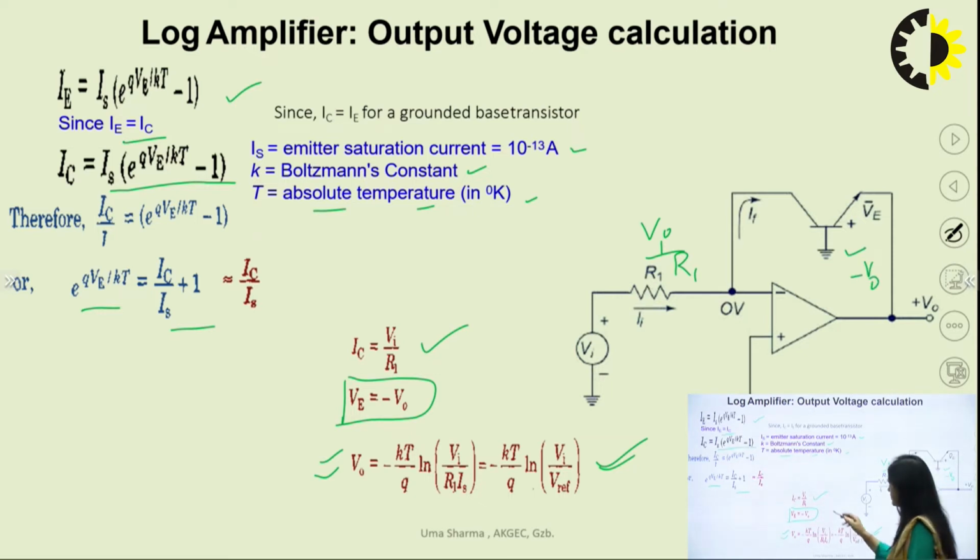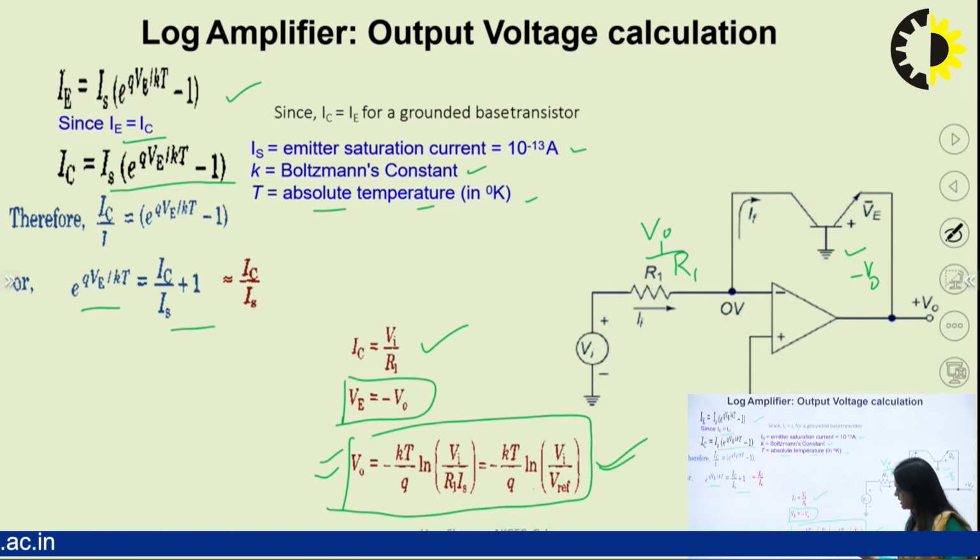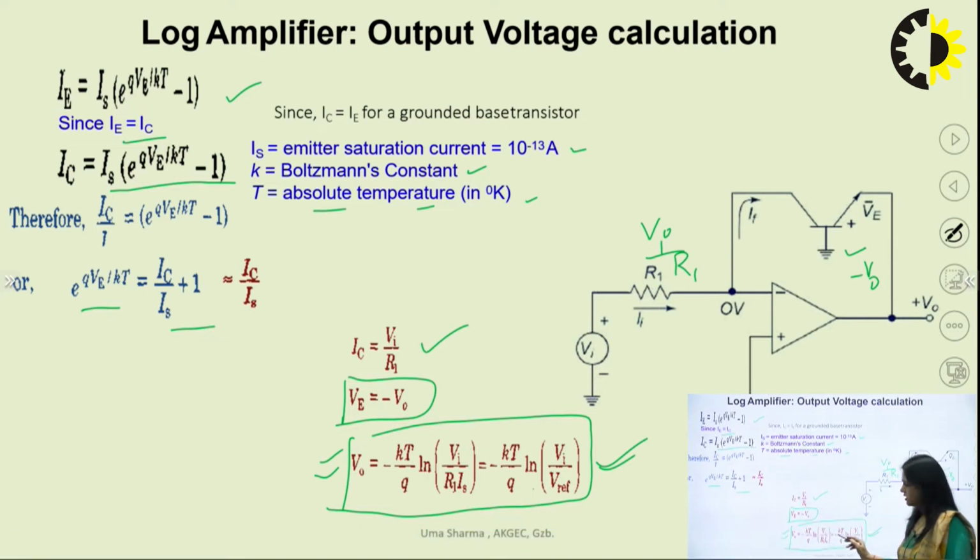So just by replacing the values of these voltages and currents, we will get V output equal to minus KT by Q ln VI upon R1 into IS, where this R1 into IS can be equated with V reference. So this is the final expression: V output equals minus KT by Q, and this KT by Q is known as VT, the thermal voltage, ln VI by V reference.